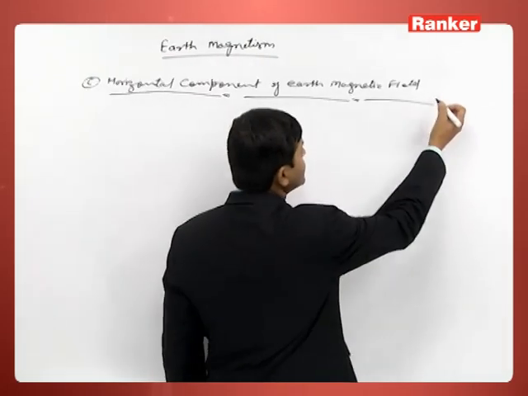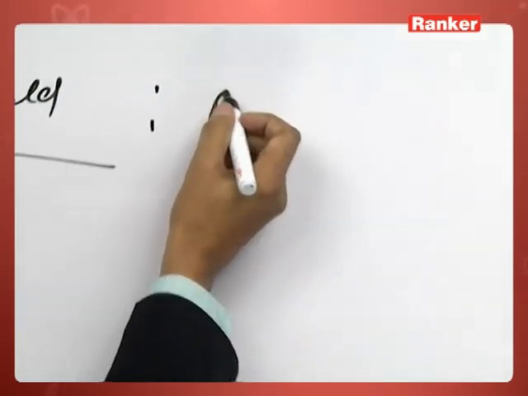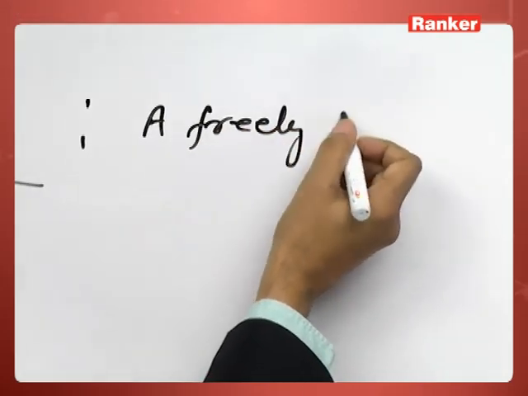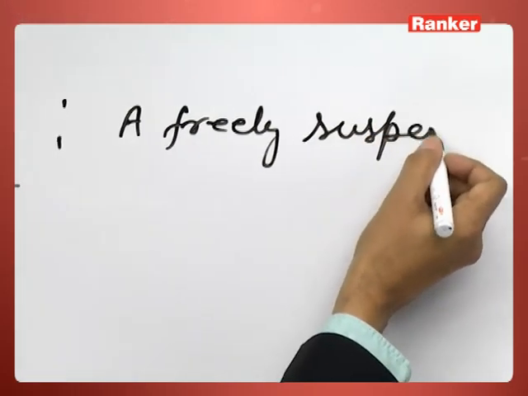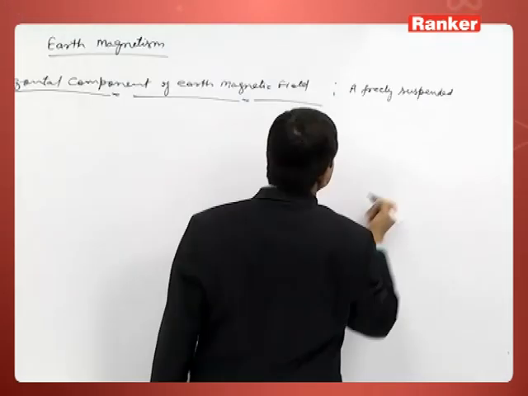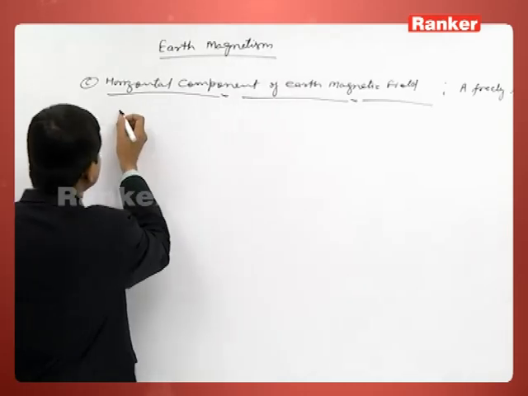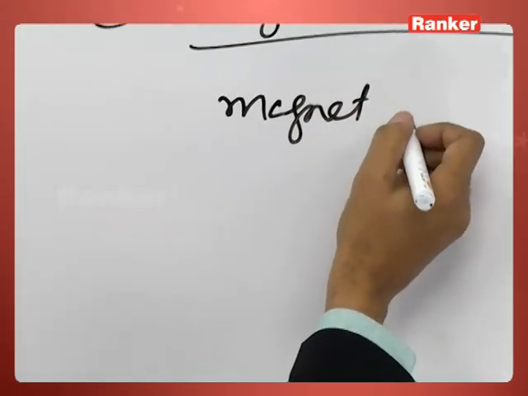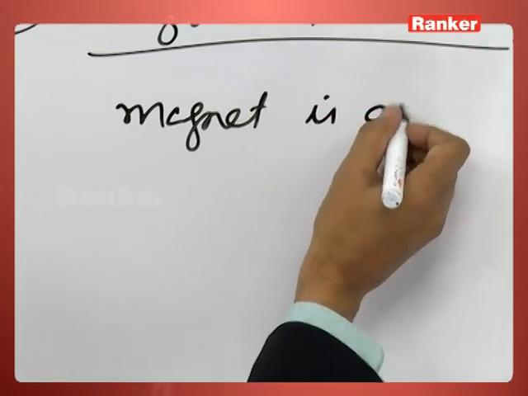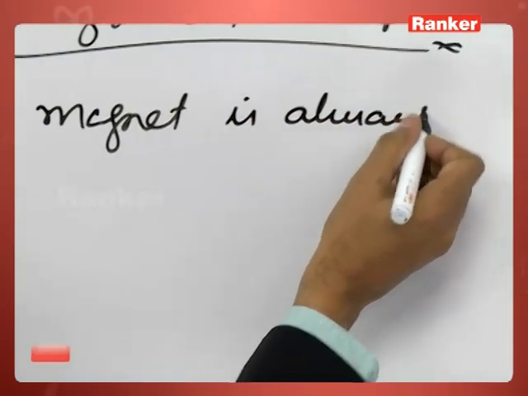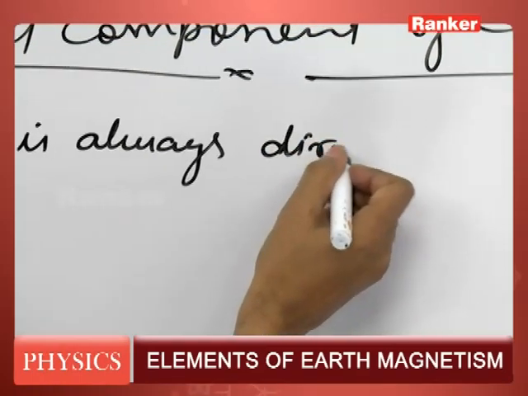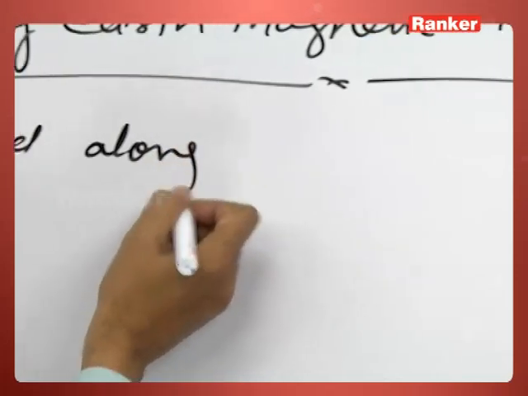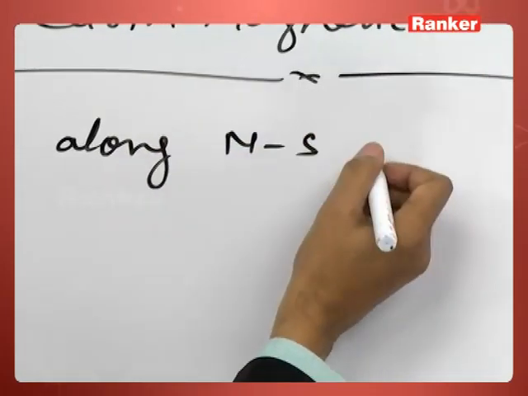So we can write here: a freely suspended magnet is always directed along the north-south direction.